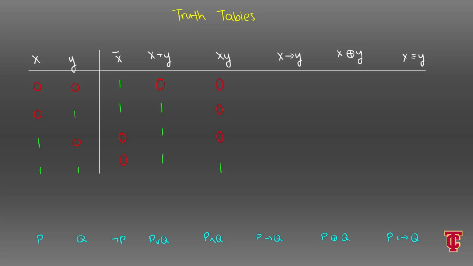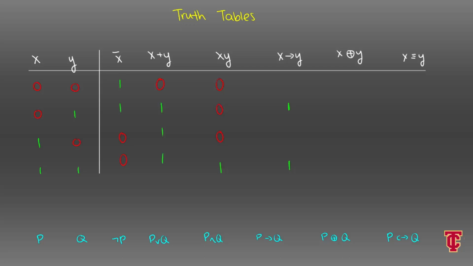You'll notice by now these are just the truth tables for propositional logic, with the formulas reversed top to bottom. With X arrow Y, this is the same thing as saying not X or Y. So this is going to be true when X is false, so in rows 1 and 2, or when Y is true, so in rows 2 and 4.